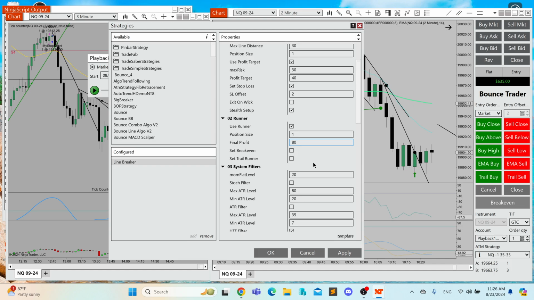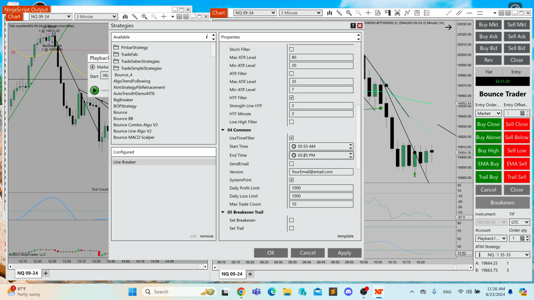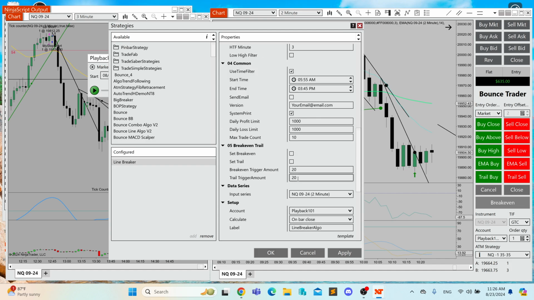The way I like it is that I want to set break even, and currently the way you select break even is when the price and close is over this amount.